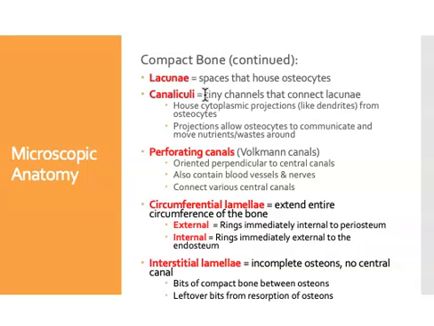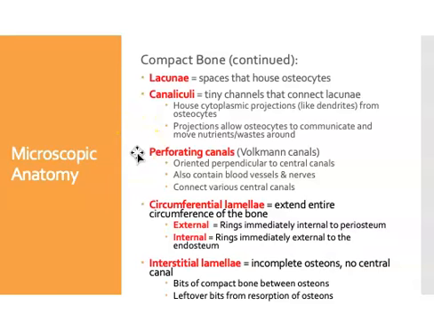In this way, the osteocytes can communicate with each other. The little membrane projections that come off of each osteocyte penetrate through the canaliculi until they touch other osteocyte membrane. Remember, the osteocytes can detect mechanical stress, and they need to be able to communicate that information with other cells.